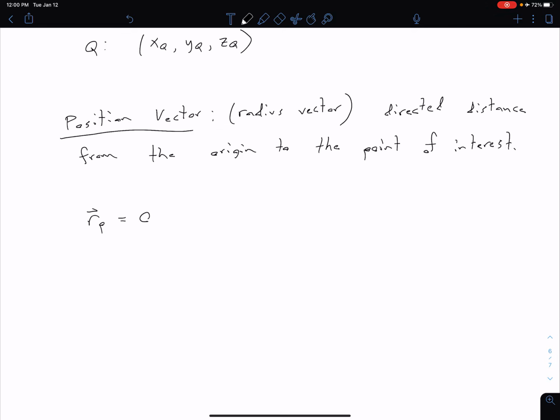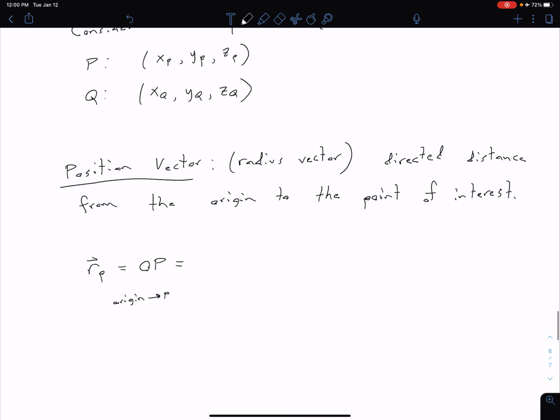You'll also see this sometimes written as OP, because we're going from the origin to point P. This is going to be equal to x sub p times u sub x, our unit vector in the x direction, plus y sub p times u sub y, plus z sub p times u sub z. So that would be our position vector for point P.